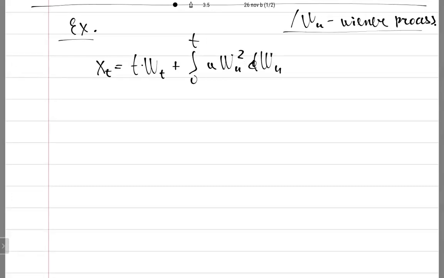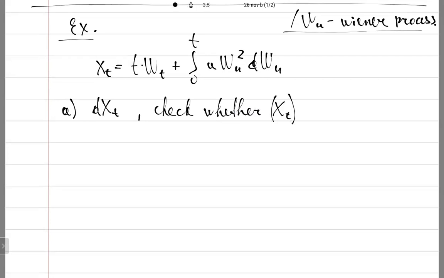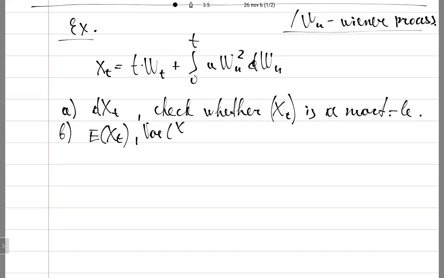My question is, first, find dX_t and check whether X_t is a martingale. Second point, find the expected value of X_t and the variance of X_t.